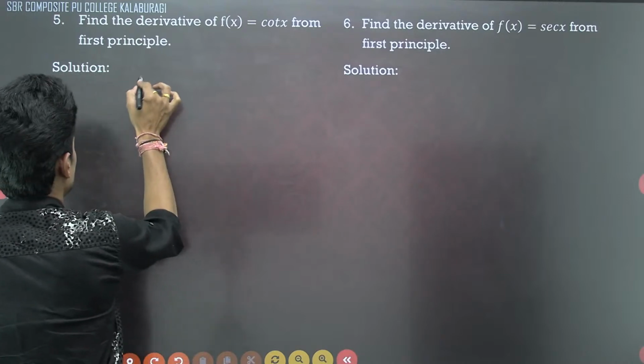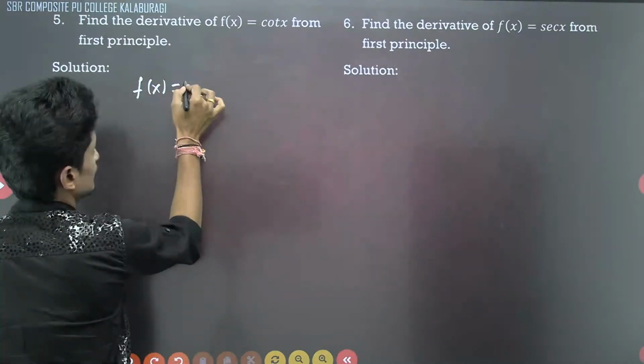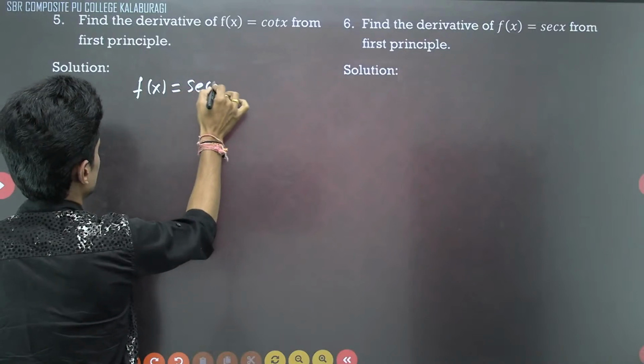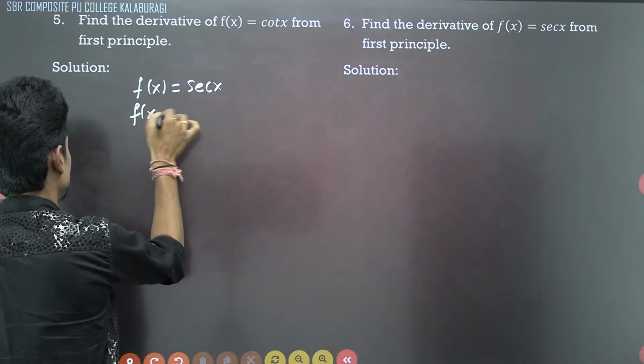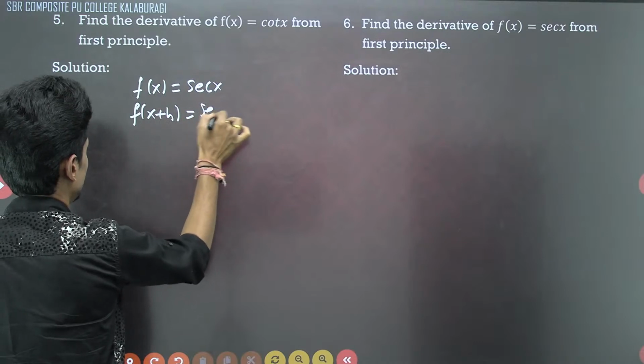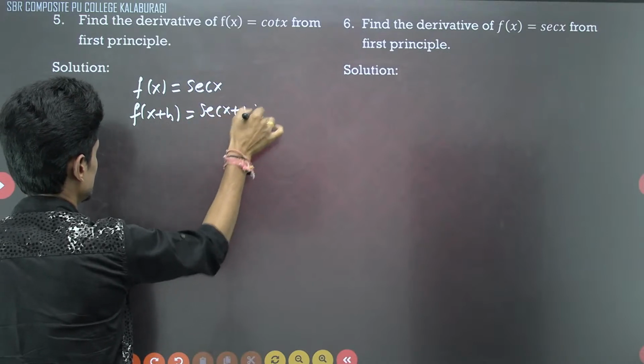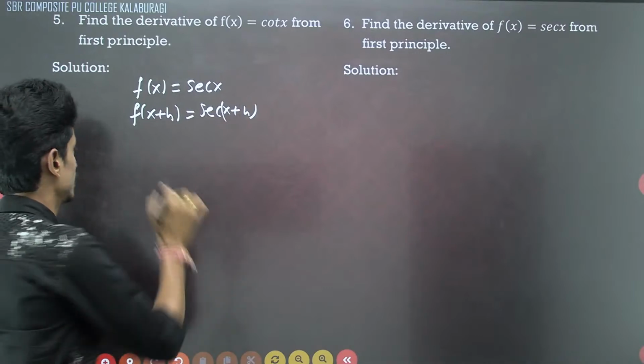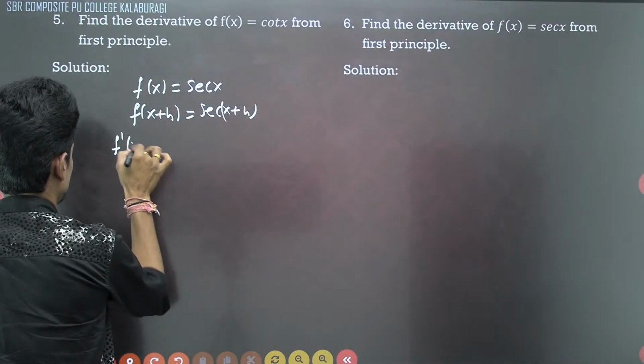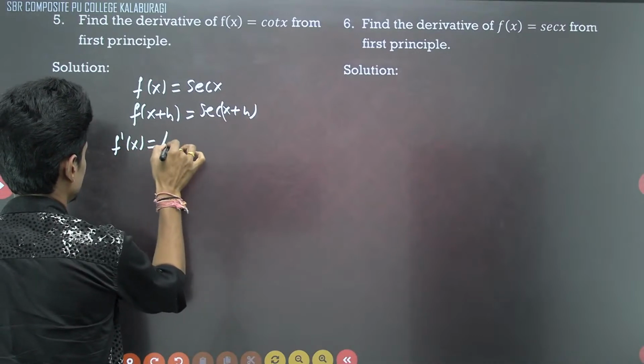The next formula, f of x is equal to secant x. F of x plus h is equal to, why am I writing f of x plus h every time? Because of substitution in the next step. Now f dash of x is equal to how much?